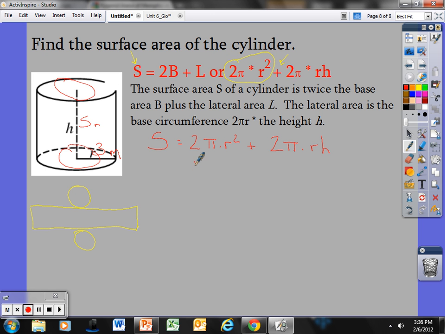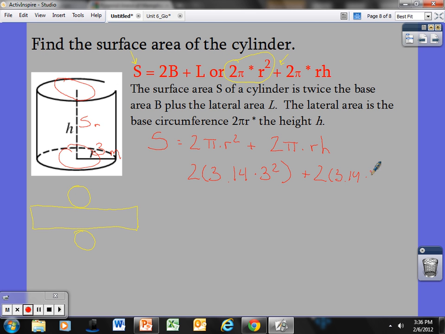Okay, so let's take a look here. I go 2 times pi, which is 3.14, times radius squared, which is 3 squared, plus 2 times pi times radius, which is 3 again, times the height. Okay, I'm going to do everything inside this parentheses first. 3.14 times 3 squared is 9.